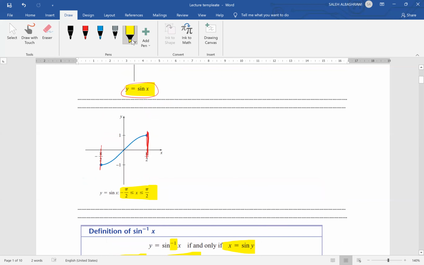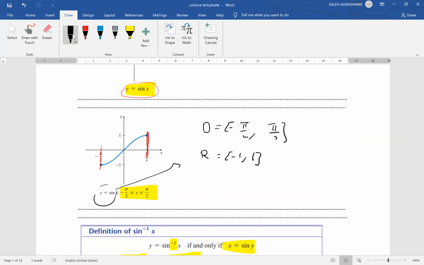Now for the original function sine x, we have the domain equal to minus pi over 2 to pi over 2, and the range is equal to minus 1 to 1. This is for the sine function. For the sine inverse, the domain will be the range and the range will be the domain.